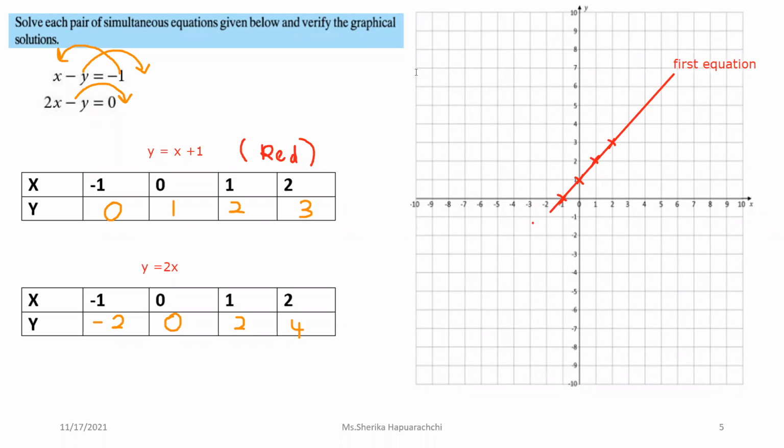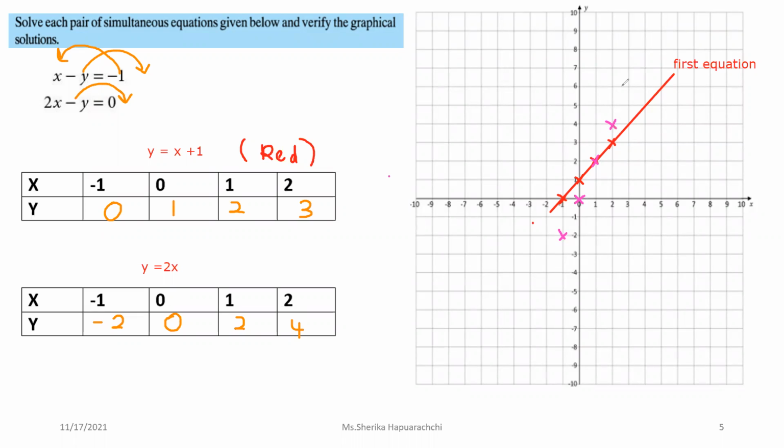Then we'll take the second one. So for that, I take another color. Right, this is my second one. My coordinates are -1, -2, 0, 0, 1, 2, 2, 4.